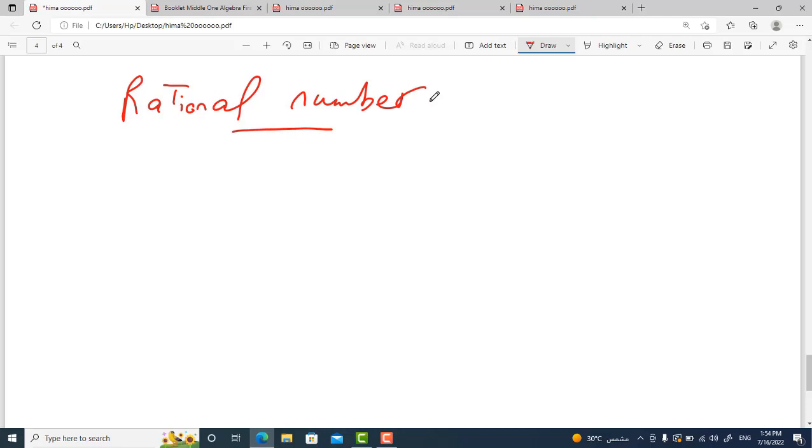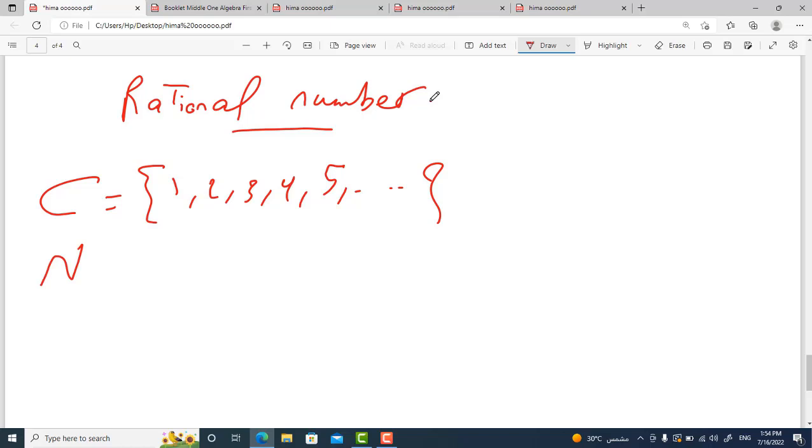But first, let's remember from the previous study the counting numbers. The counting numbers have the symbol C, starting from 1, 2, 3, 4, 5, and so on. In junior 5 we talked about natural numbers, starting from 0 and 1, 2, 3, and so on.